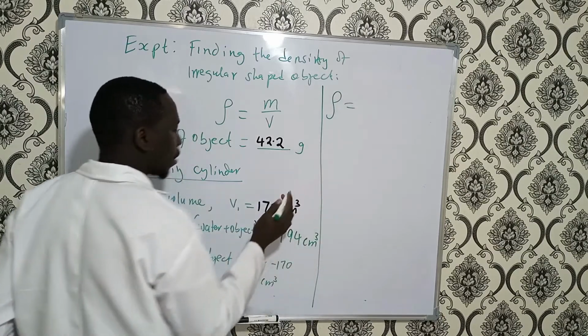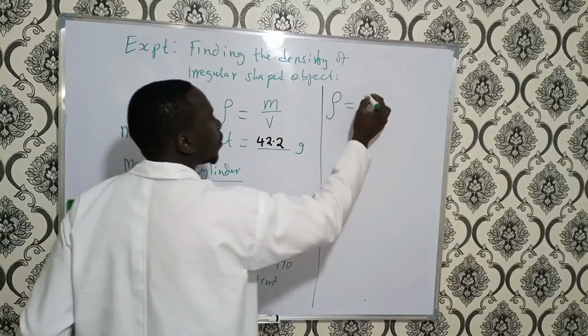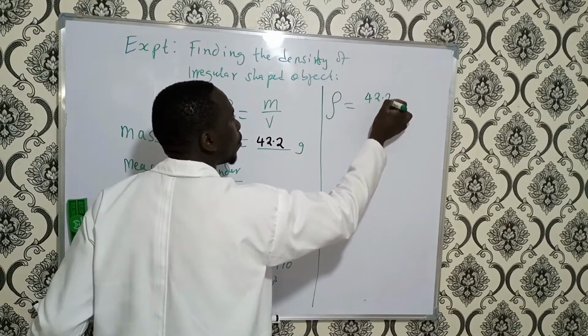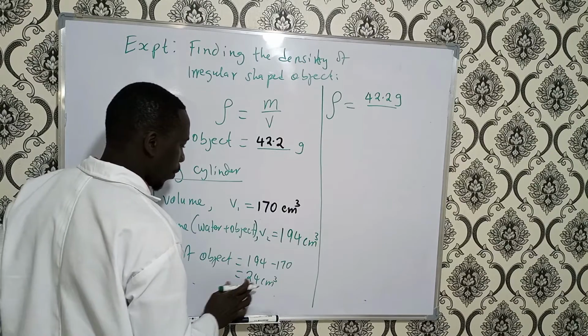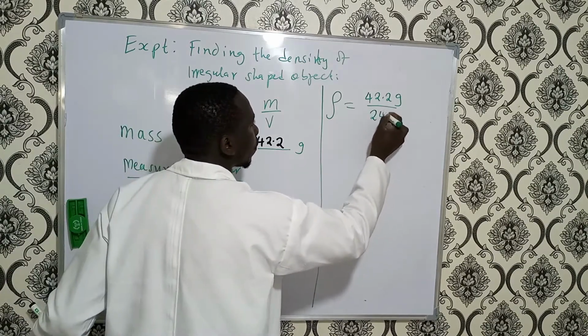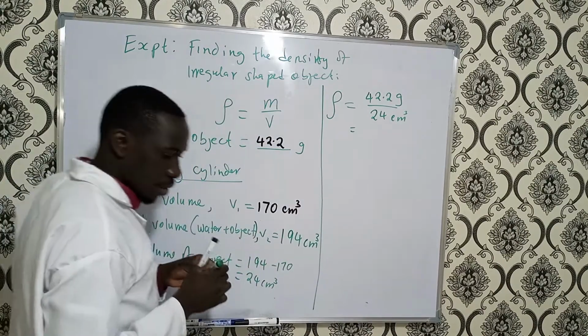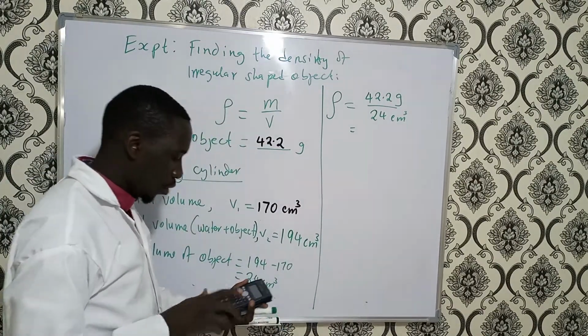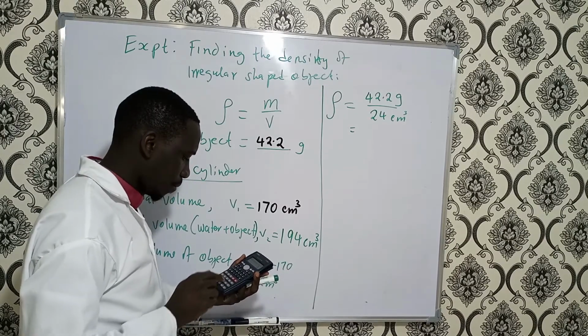of the solid which makes this object is given by mass, which is 42.2 grams, divided by the volume, which is 24 cubic centimeters. So that is 42.2 divided by 24.